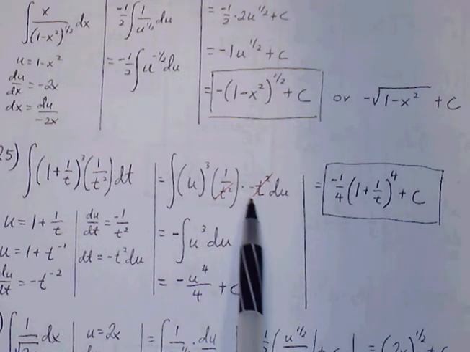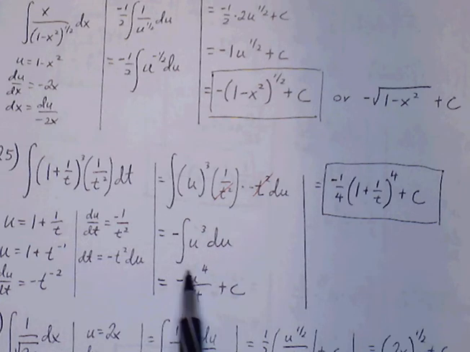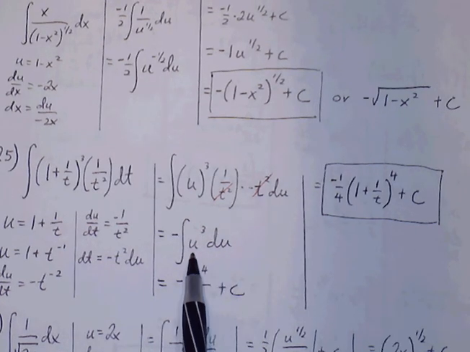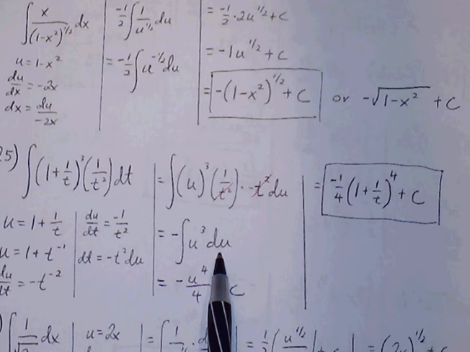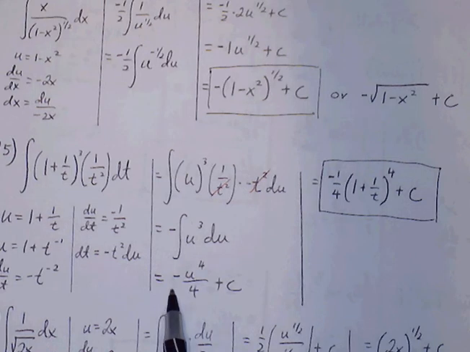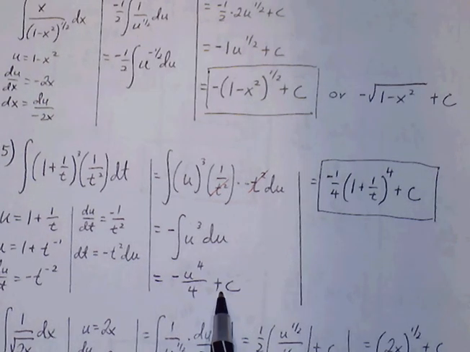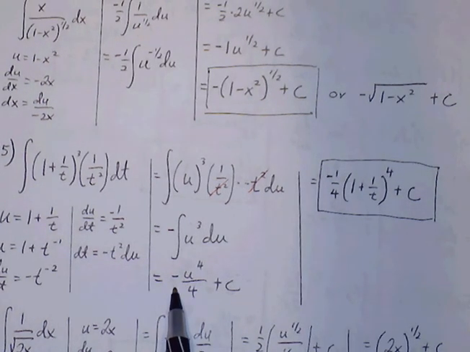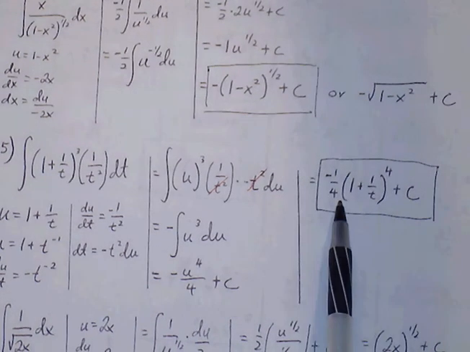Make sure we keep track of that negative, so pull the negative in front. So now we have something clean that we can apply and find the antiderivative. So go through the power rule. u cubed becomes u to the 4th over 4. Leave the negative out front, and now I can pull the -1/4 and then replace u in terms of t. So we have our solution here.